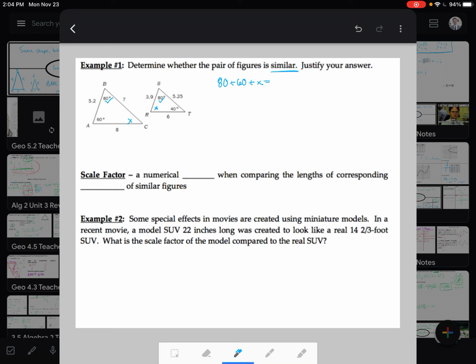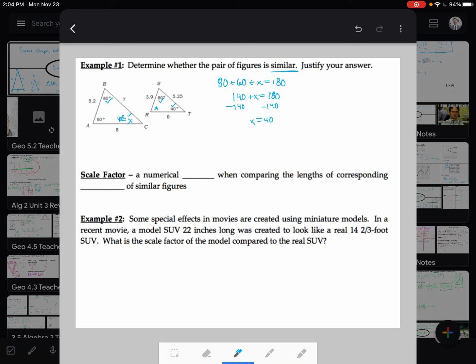So 80 plus 60 plus x equals 180, or 140 plus x equals 180. Subtract 140 from both sides. Get x equals 40. So we know that this here is 40. So it looks like they have two angles that are the same.